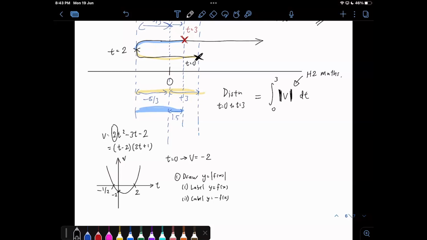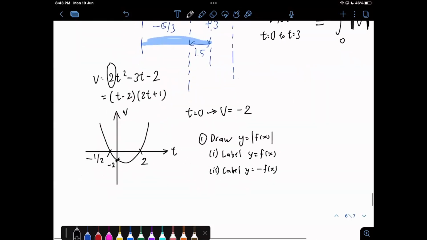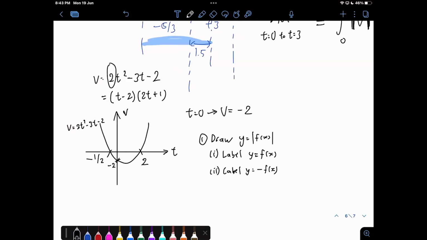What do I mean by this part 1 and part 2? So if you want to draw modulus f(x), this currently is v equals 2t squared minus 3t minus 2. What I really want is to draw the graph of the modulus of v. Maybe I'll just label this as y. What I really need is the modulus of v, which is the modulus of 2t squared minus 3t minus 2.